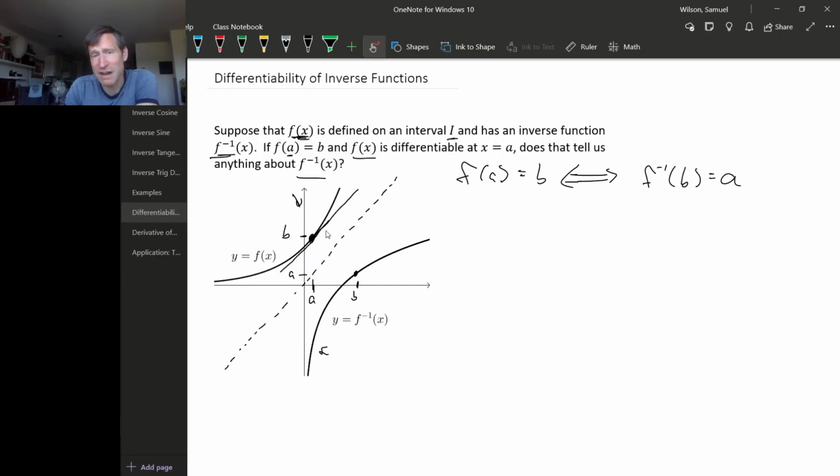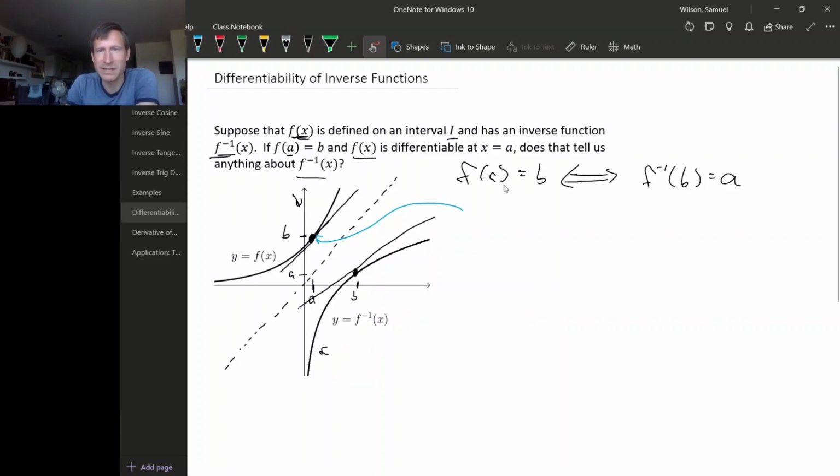But we could also graph this tangent line. If we graph this tangent line, then it gets reflected onto a tangent line for the inverse function, but not at a, over at b instead. So what does that tell us about slopes? Well, let's express the slope of the tangent line on the original function.